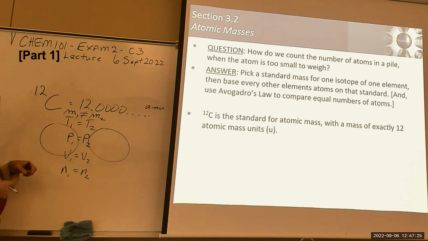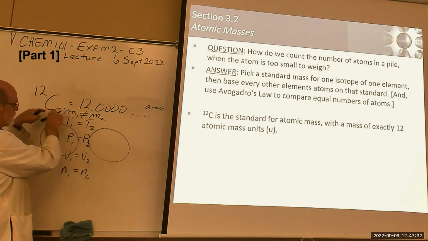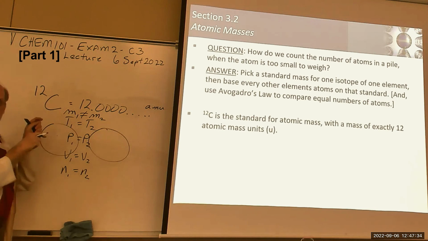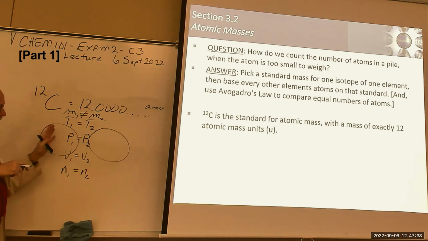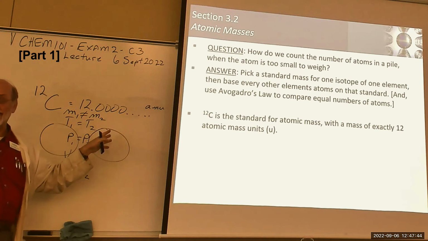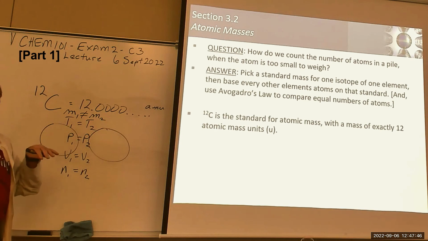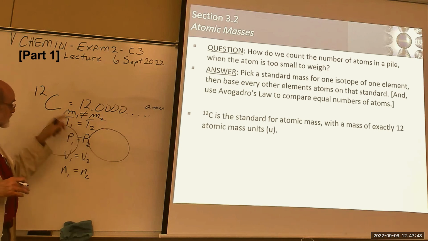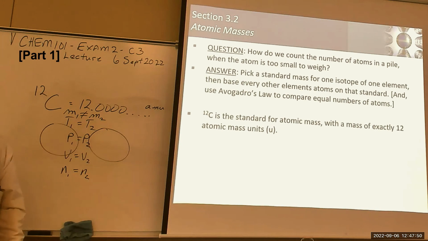Okay? So you know that with these conditions being the same, the difference in mass is actually the difference in the mass of the isotopes. And if this one's 12, and it weighs a certain amount, and that one weighs a greater amount, then you can set up a ratio and say, okay, each one of these has to be whatever mass comes out. And that's how you get the ball rolling.